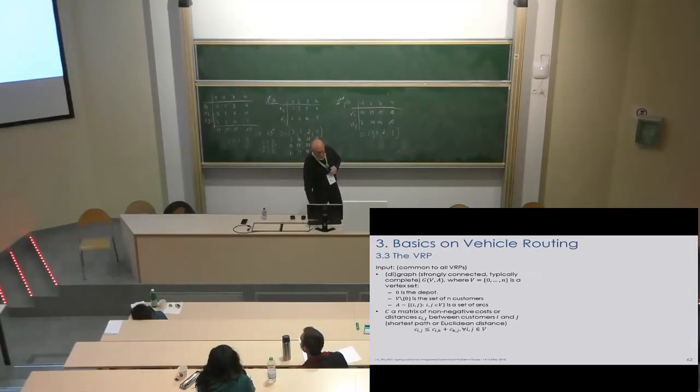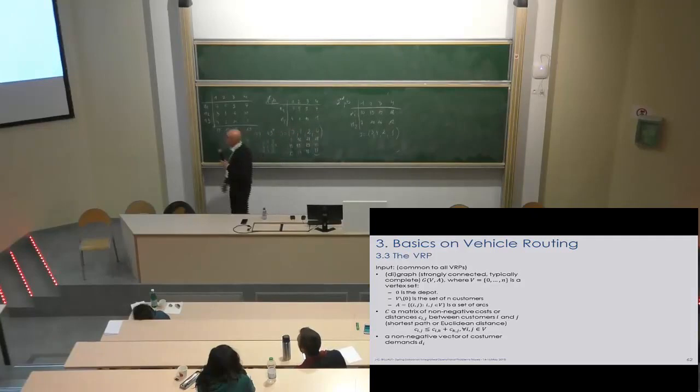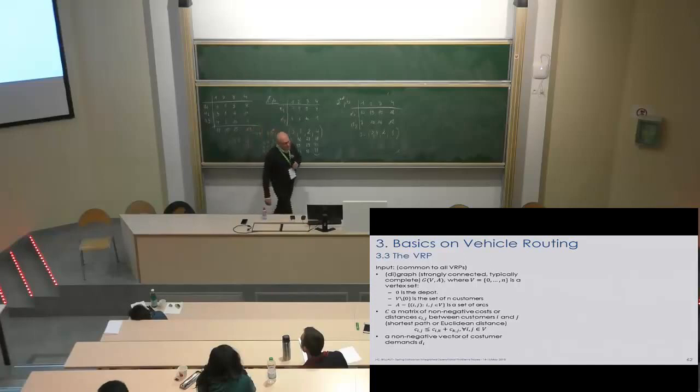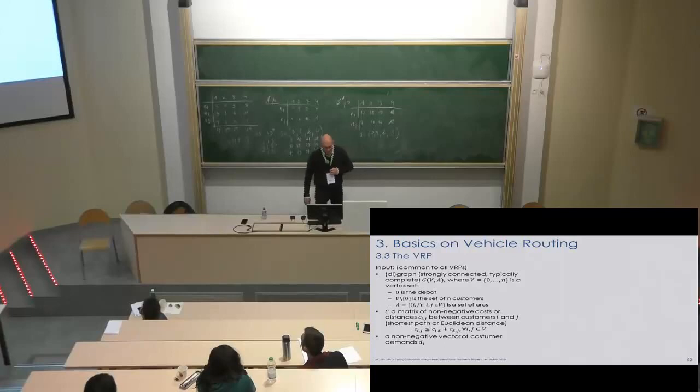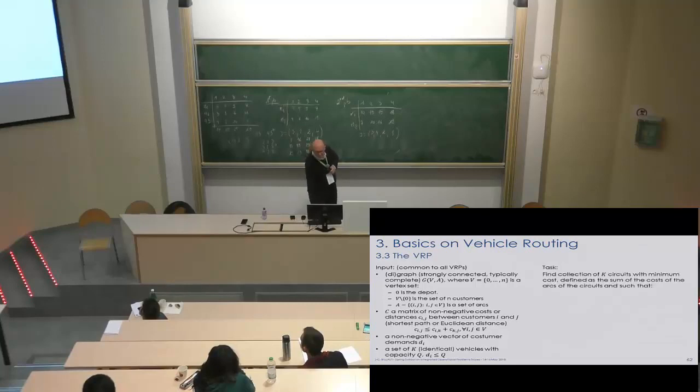For the VRP, vehicle routing problem, we have an input, which is a strongly connected graph, typically a complete graph, with a set of vertices, with 0 as a depot. All the other vertices are customers, and there is a set of arcs with a non-negative cost or distance between two customers, demands associated with the customers, and a set of vehicles with capacity.